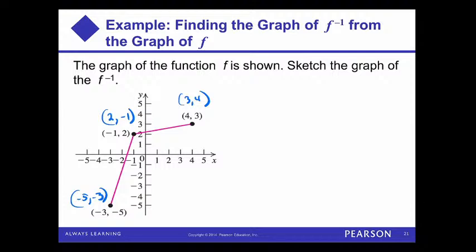As a matter of fact, we can go ahead and do it. 2, negative 1 is here. 3, 4 is here. And I'm going to move this next to this. This one's kind of already next to this guy here. And then the final one, negative 5, negative 3 is about here. Okay, and I'm just going to move this there.